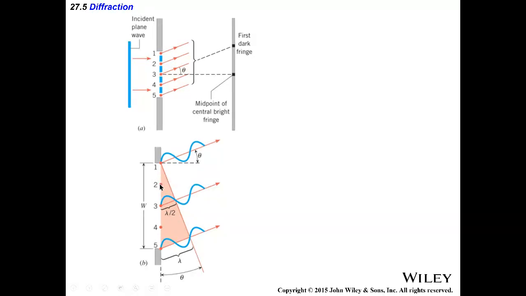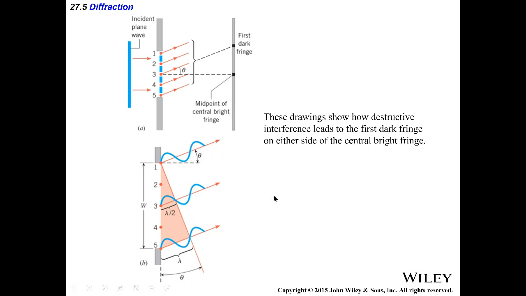All right? So we now have a condition. The condition is for there to be a dark fringe. I want this to be half a wavelength so that there will be destructive interference.